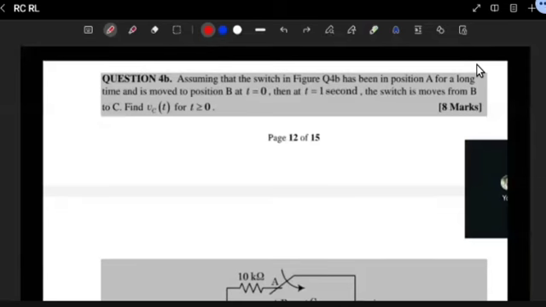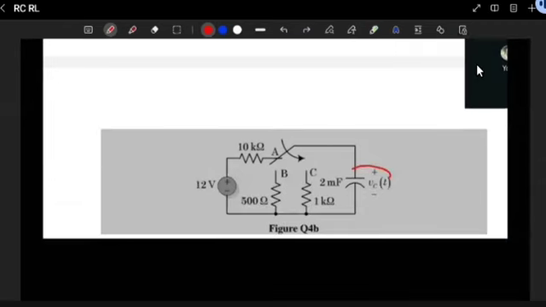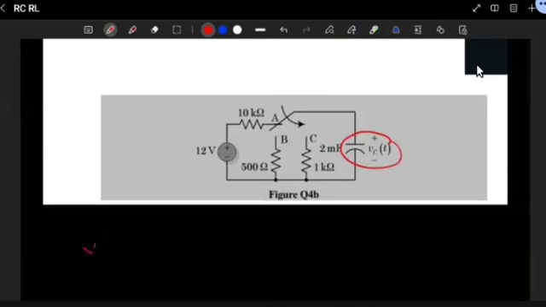So we're looking for VC. And what we're dealing with is a capacitor. For a capacitor, we recall that the natural response is V(t) equals the initial voltage, for t less than 0, multiplied by e to the minus t over the time constant.